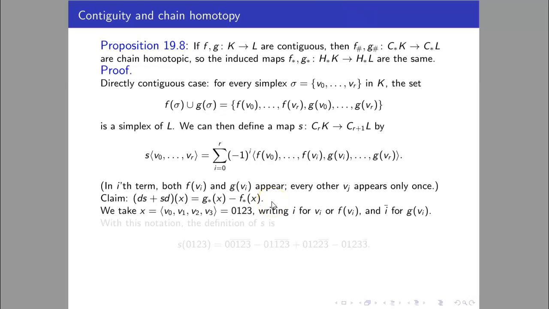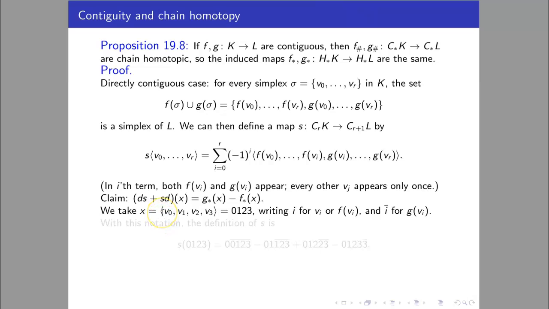So we're going to have lots of terms to write down, so we need again an efficient condensed notation for it. Our x is just this V0 up to VR. We're just going to do the R equals 3 case here. So our x is V0 up to V3, or 0, 1, 2, 3 as usual. These 0, 1, 2, 3 refer to these VI's, which are vertices in K. And we've also got some vertices in L to worry about.